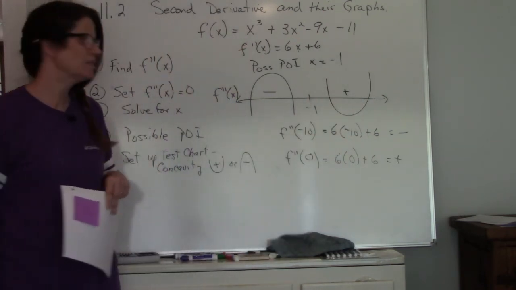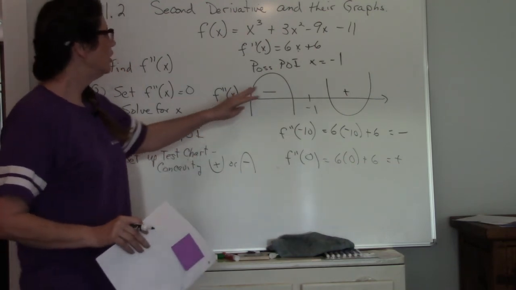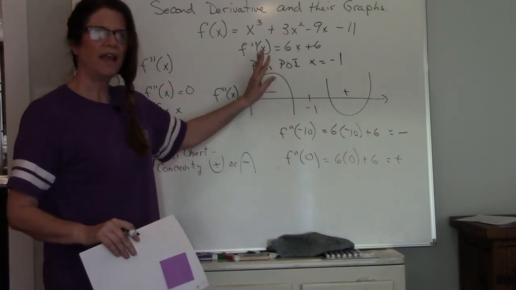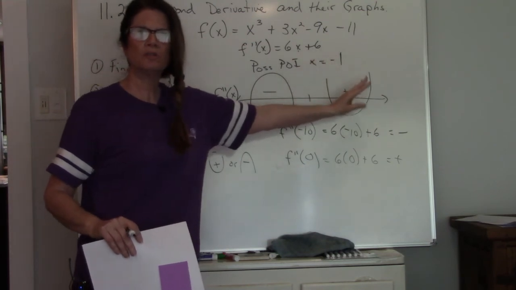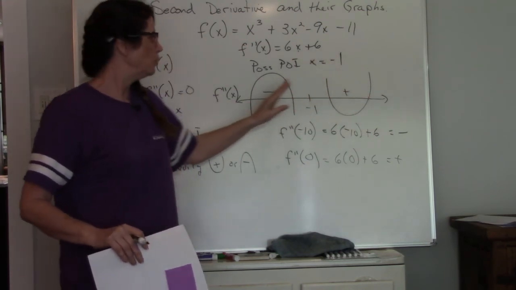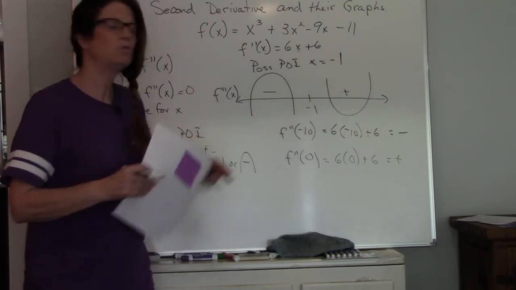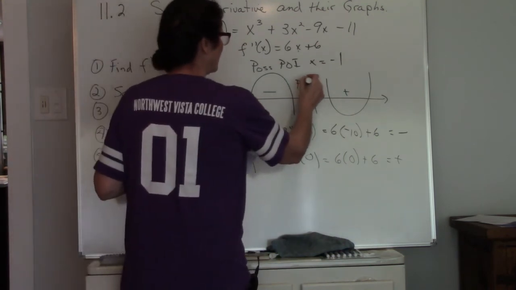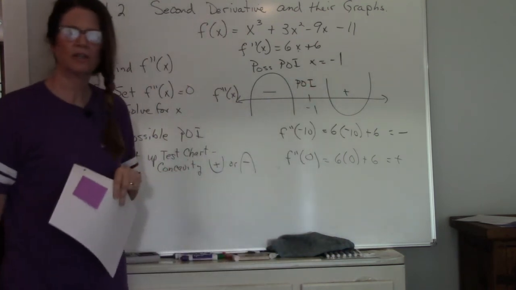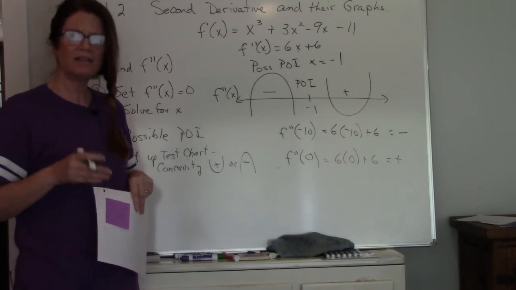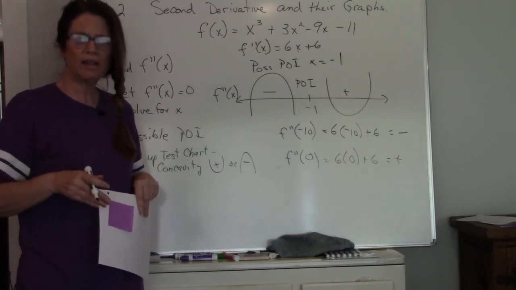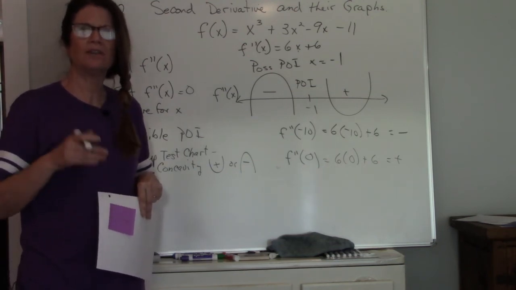The concavity is up. So what this tells me, since I have a negative and it switches to a positive curvature, is that this -1 is actually a point of inflection. That means when x is -1, that's where my graph is going to change curvature.